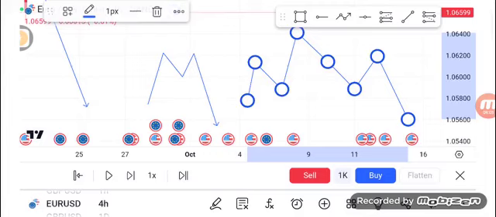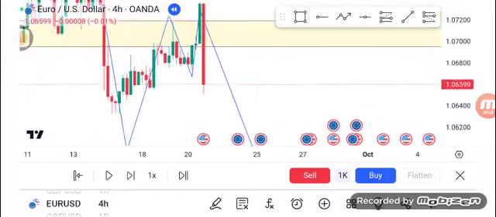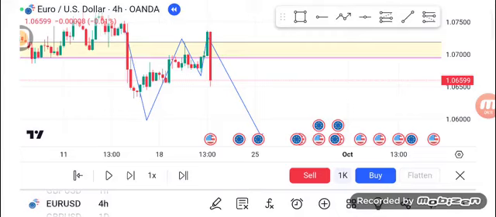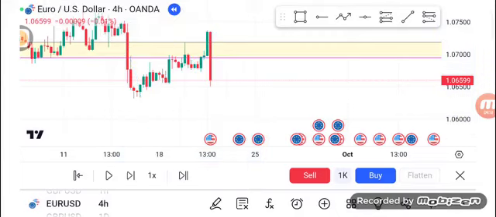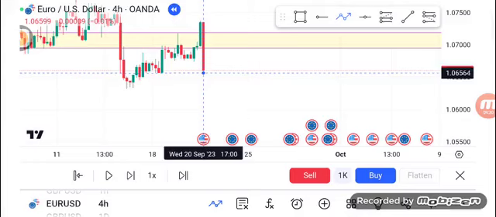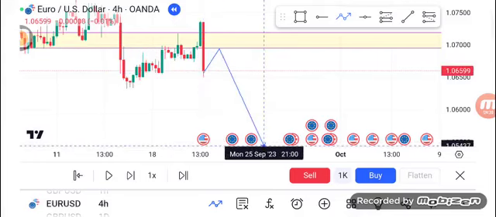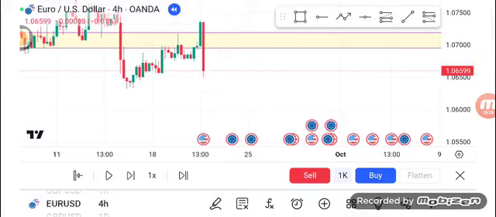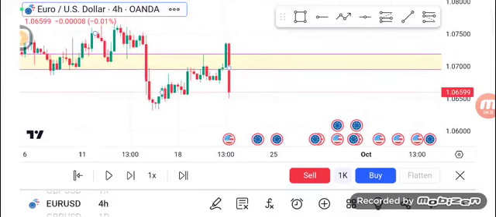Something like this. So let's get back to the chart. That's my entry model. Now you see what we have here. I tend to take my trade from there. Sometimes I wait for a retracement to maybe this level and start going down, but I tend to take my trade at the close of this candle.